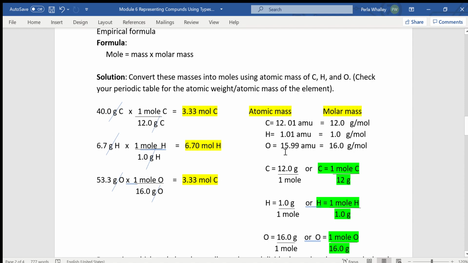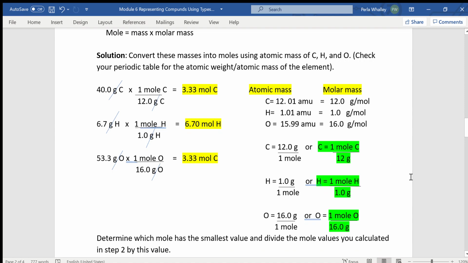Oxygen is 15.99 AMU. We rounded it off to 16 and changed AMU to gram per mole. So these are the molar mass of these elements. Now, the molar mass can be also written like this. Carbon is equal to 12.0 grams per mole, or in 1 mole of carbon, there are 12 grams.